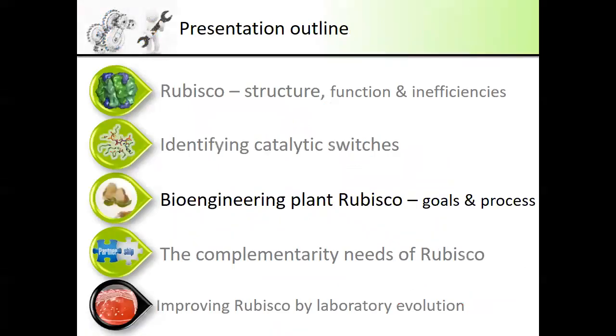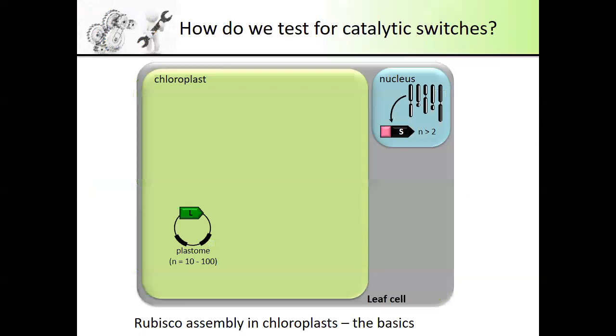So if we find these potential solutions, how do we go and test them, get a proof of concept? We do that by a process called chloroplast transformation. If we look at the process of Rubisco assembly in plants and simplify it, we see the large subunit, which contains the catalytic site, the catalytic pocket, is encoded in the chloroplast genome, whereas the small subunits are coded within the nucleus.